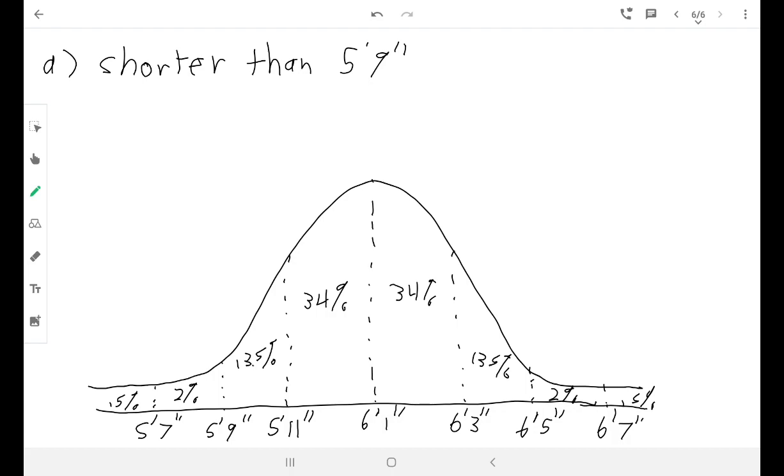Okay? So let's see how that works. Well, let me find 5 feet 9 inches. There's 5 feet 9 inches.